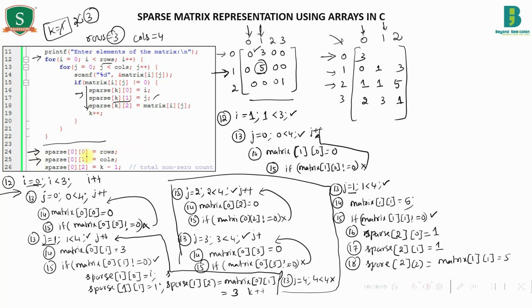Number of columns goes in position 0 comma 1, that is 4. And the k value, which represents the total number of non-zero values, is updated here. So this is the sparse matrix of the original matrix. This is the sparse matrix representation using arrays in C.